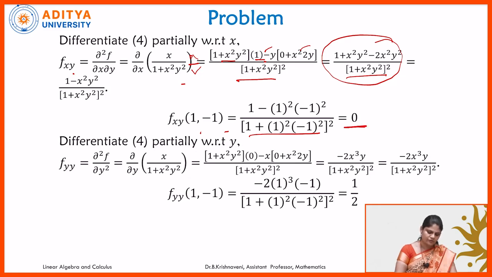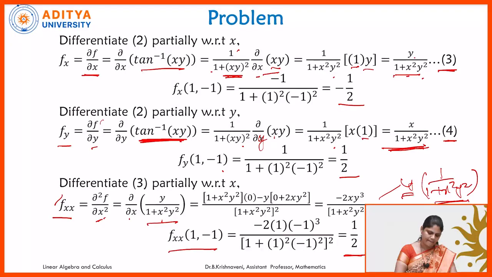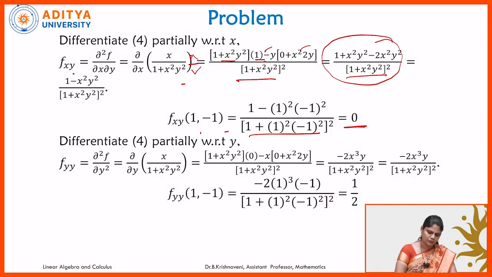Next, differentiate equation 4 with respect to y now, that is fyy. Fyy is nothing but dou square f by dou y square, which is equal to dou by dou y of dou f by dou y. So what dou f by dou y is? x by 1 plus x square y square. With respect to y, take it in the form of u by v.